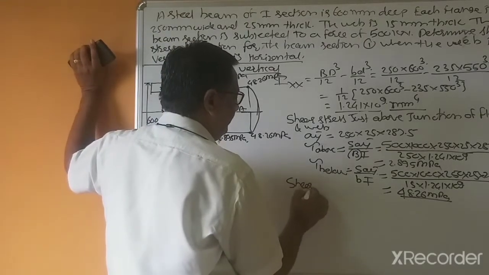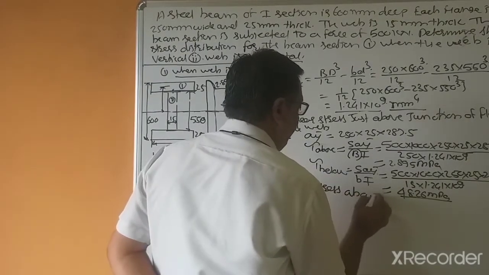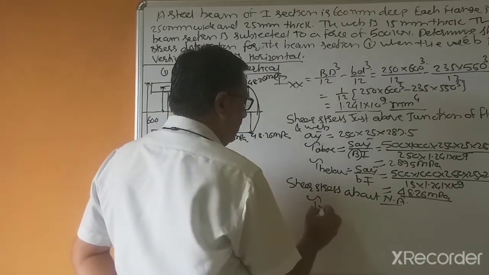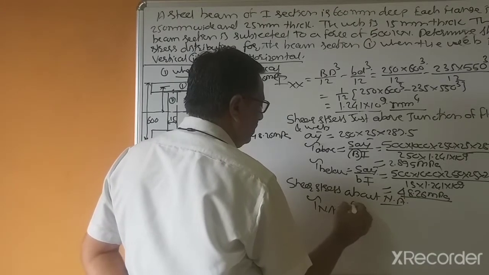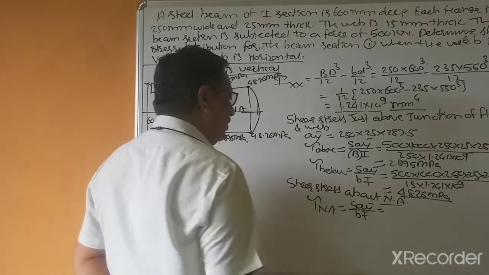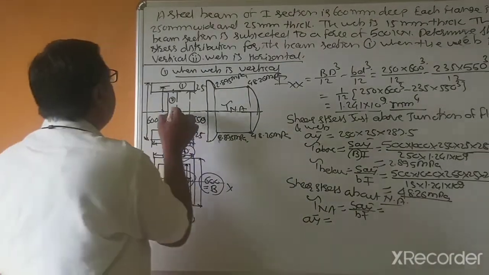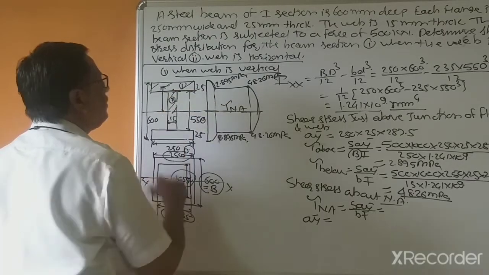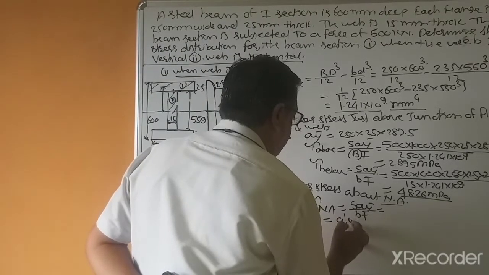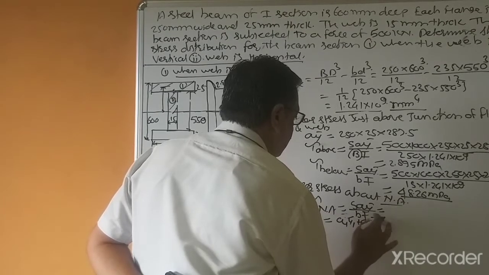Now the shear stress about the neutral axis equals S A y bar divided by b I. Please try to understand: above the neutral axis means both sections, so A y bar equals A1 y1 bar plus A2 y2 bar.